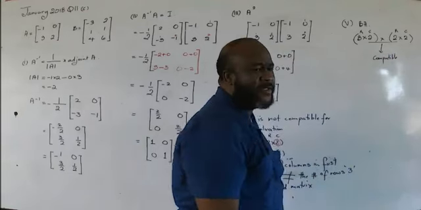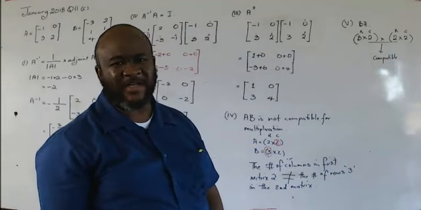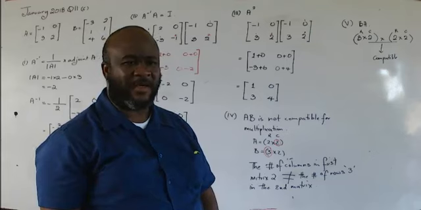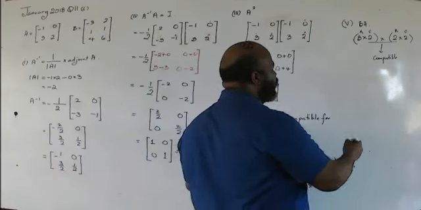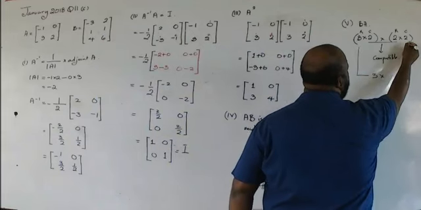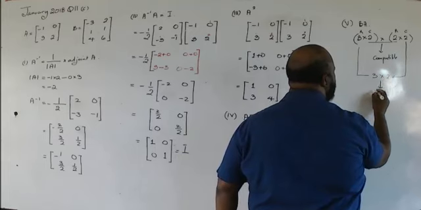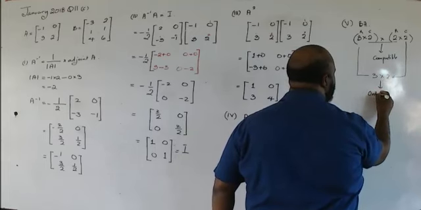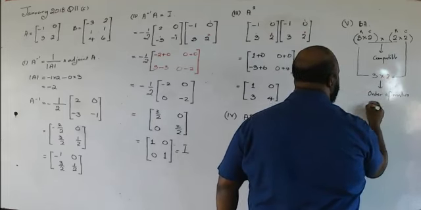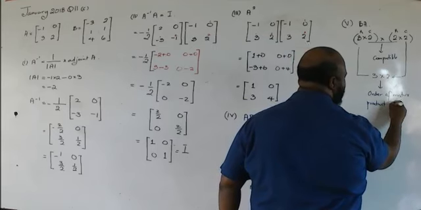I would have told you that. Now, here's what they're asking us. Without doing the actual calculation, what is the order of the matrix product BA? It's the number of rows in the first, which is 3, by the number of columns in the second, which is 2.